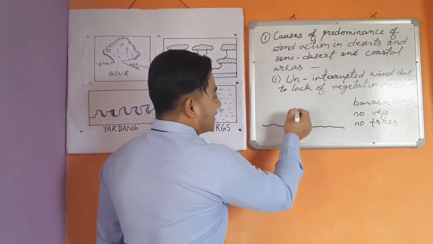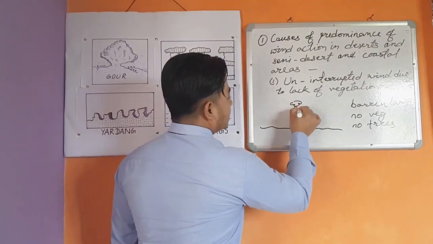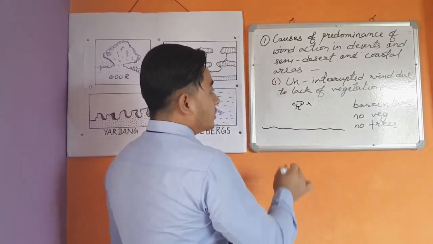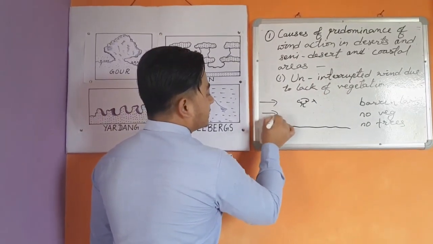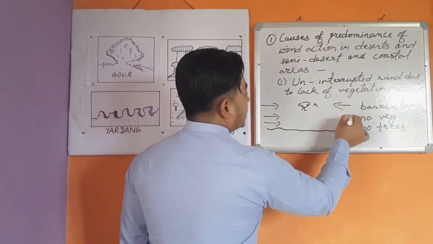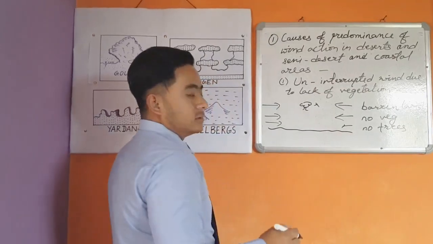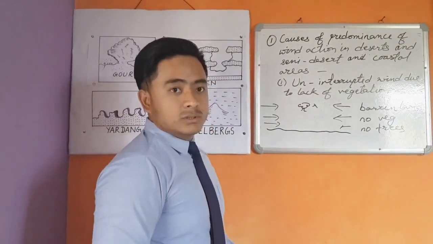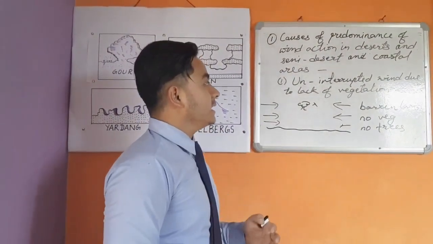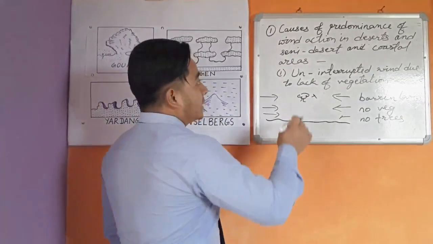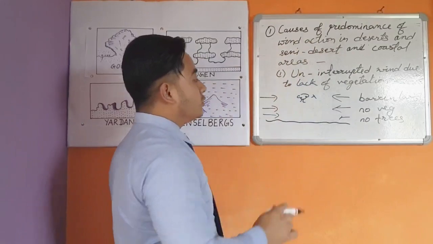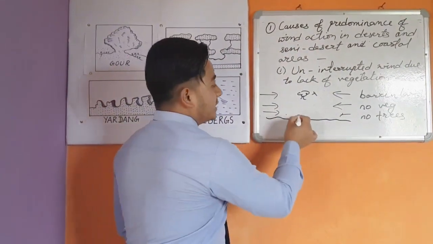So, due to the lack of trees in the desert areas, the wind blows uninterruptedly. The wind can easily blow from any direction. So when the wind blows easily in the desert areas, the action of the wind becomes very active and predominant in these desert areas.